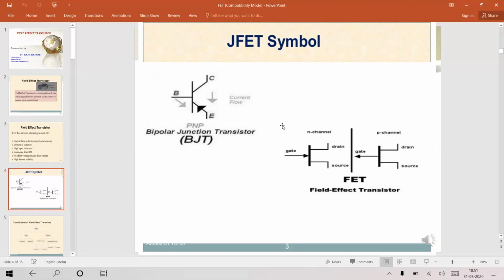Similarly, from the source, charge carriers enter into the channel and reach the drain, and controlling is happening through the gate. So drain you can compare with the collector, base of BJT with gate of FET, and emitter of BJT with source of FET. That is just a symbolic representation, and you can compare the meaning for further analysis.